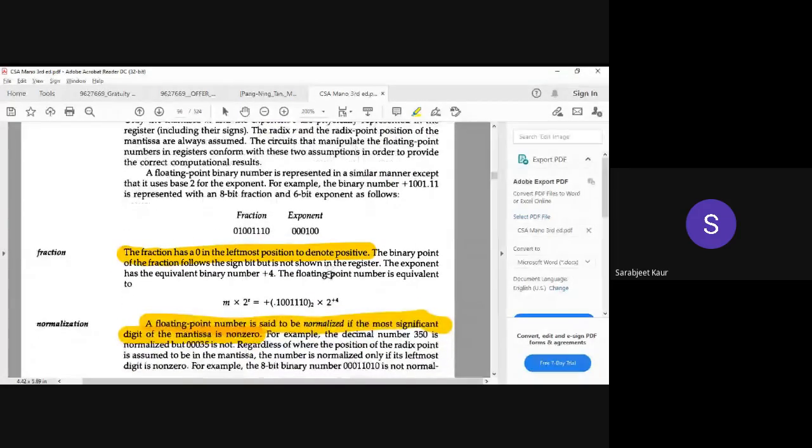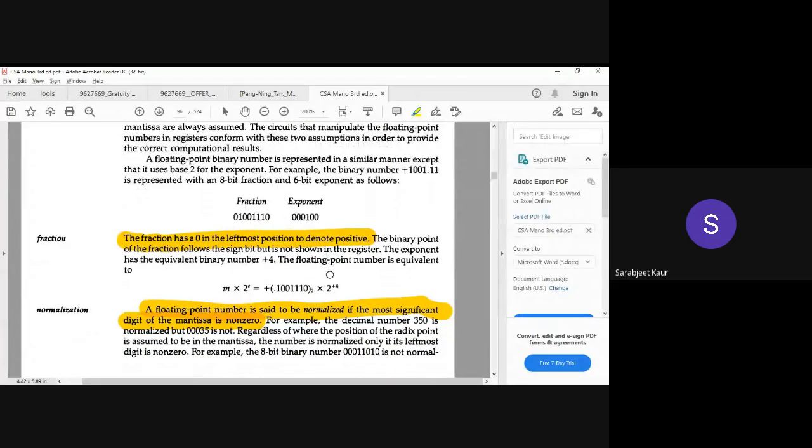Now, sometimes what kind of questions do you get in this? For example, you have this binary number, and you have an 8-bit register to store the mantissa and an 8-bit register, let's say, to store the exponent. So what will be the values of the mantissa and the exponent?